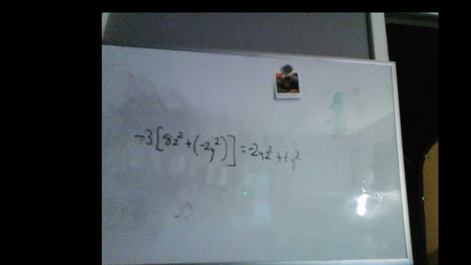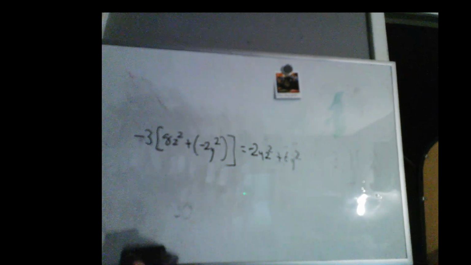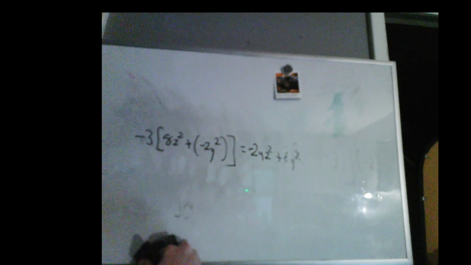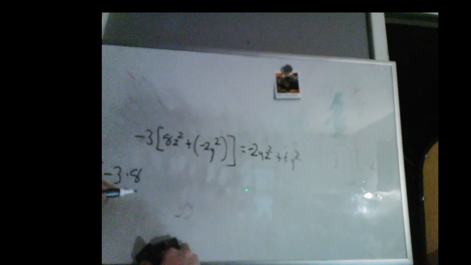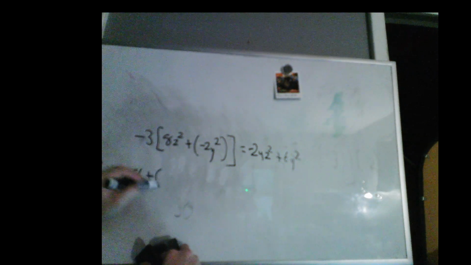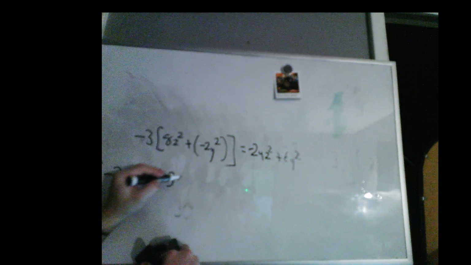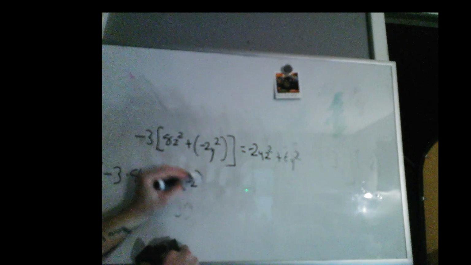Negative 3 times 8z squared plus negative 3 times negative 2y squared equals negative 24z squared plus 6y squared. So I'll simplify this a little bit. We have negative 3 times 8 plus negative 3 times negative 2.